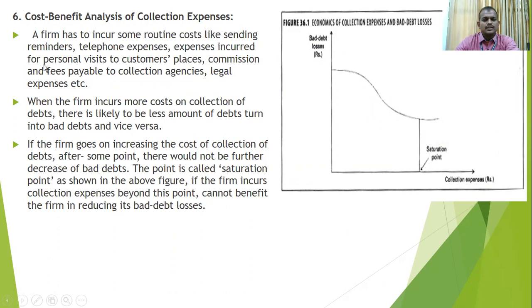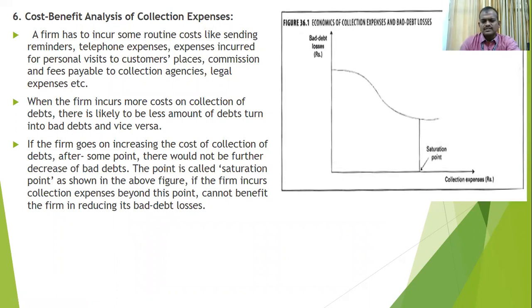A firm has to incur some routine costs like sending reminders, telephone expenses, expenses incurred for personal visits to customer places, commission and fees payable to collection agencies, legal expenditure, etc. So these are the costs of collections. When the firm incurs more cost on collection of debt, there is likely to be less amount of debt turned into bad debts and vice versa.